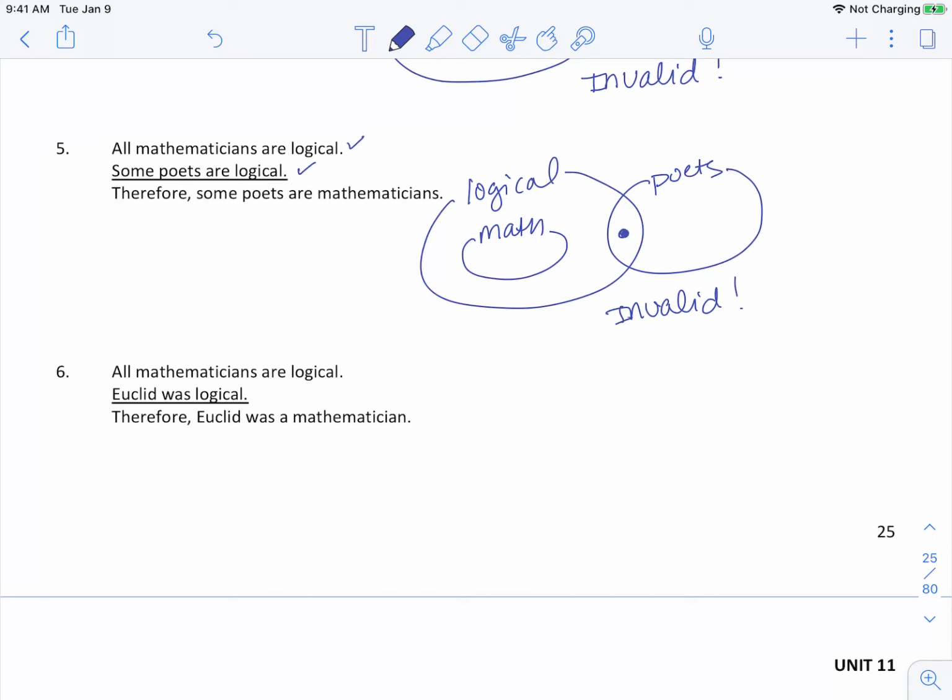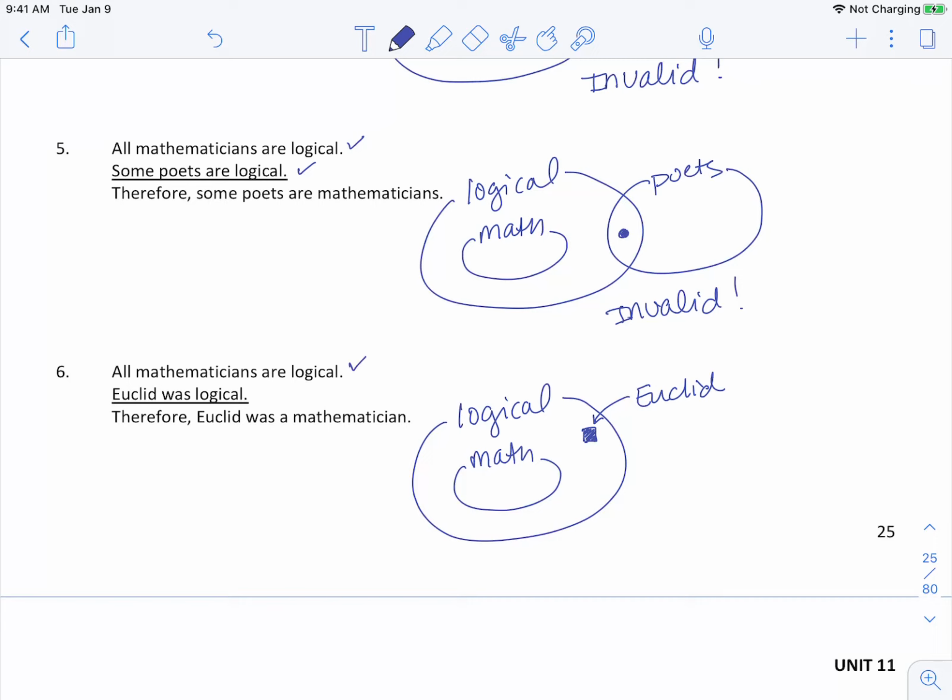Okay, we have all mathematicians are logical. Now we have Euclid was logical. Euclid is one person, so I am just going to make a little square, or you can make a little star. This represents Euclid.